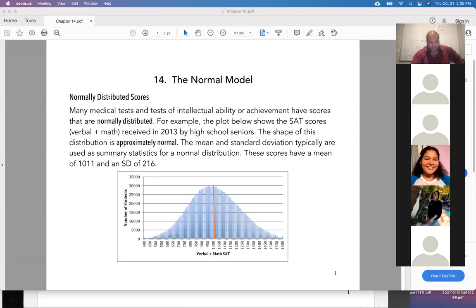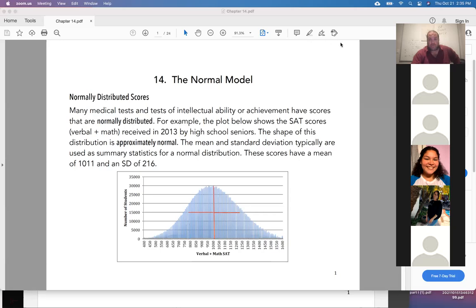So 1227 would take me to about there or so. And if I go to the left, 1011 minus 216 would take me to about 795, about there or so.